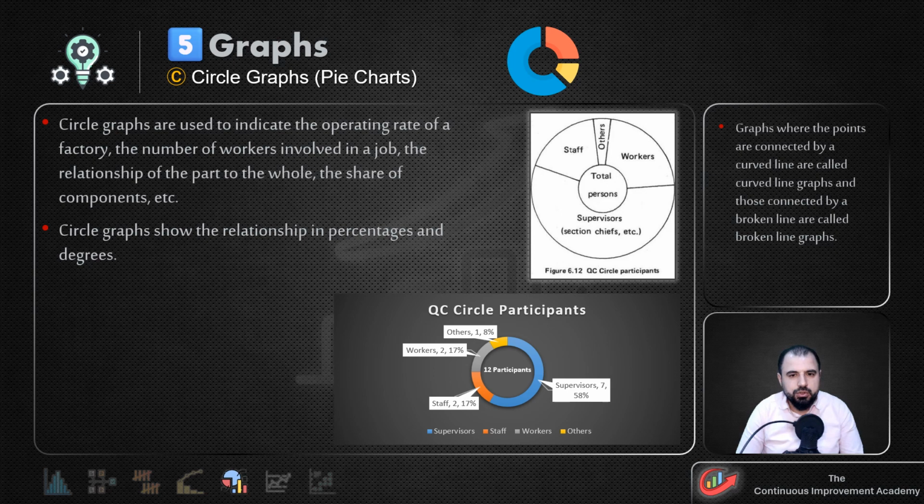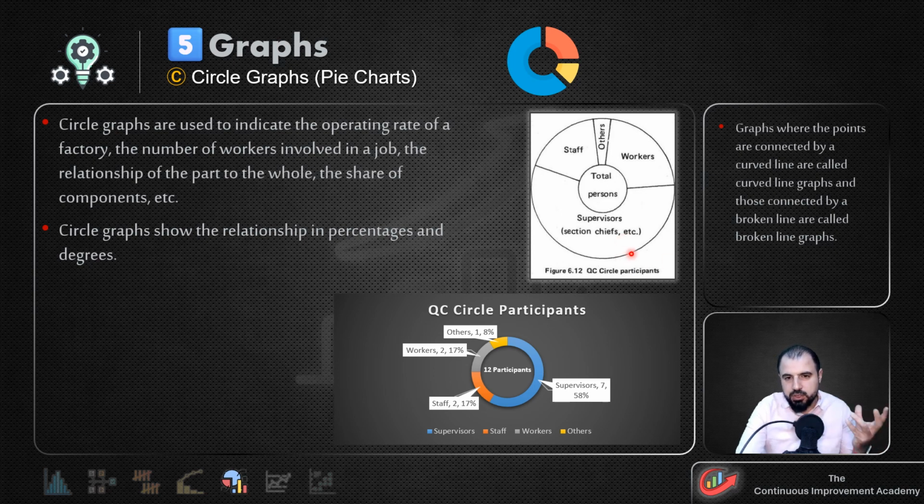Okay, so for example, we have here an example of total persons who contributed to specific workshops, and we want to know, for example, what is the percentage of the workers' attendance relative to the overall persons who contributed in the workshops.